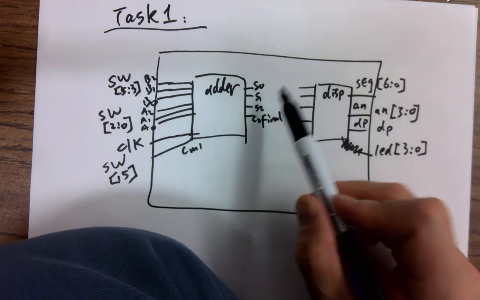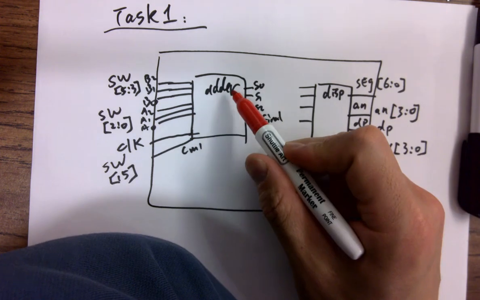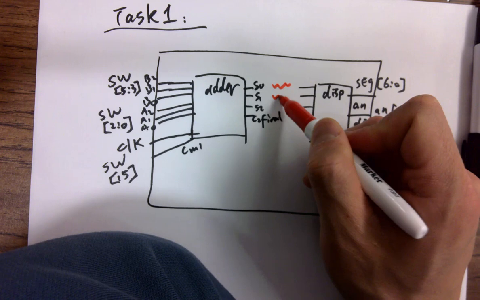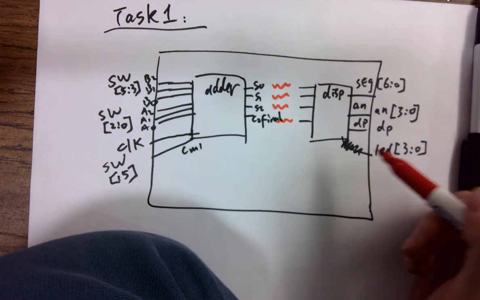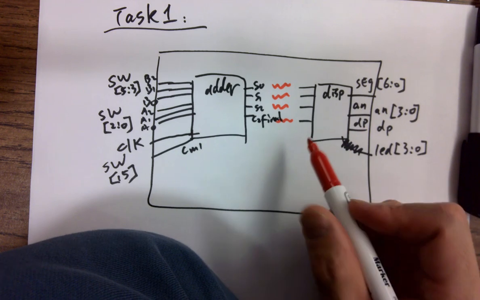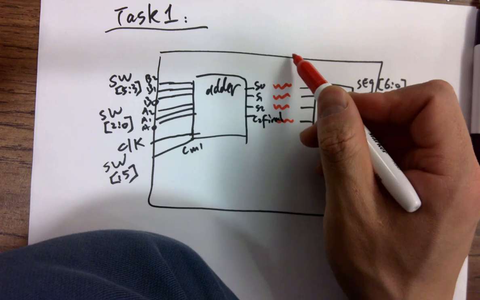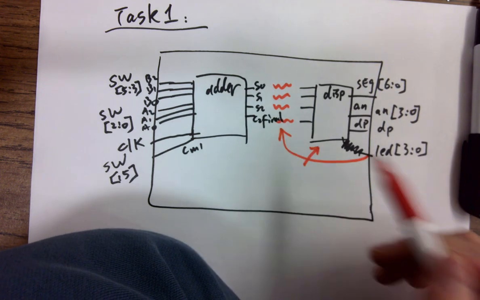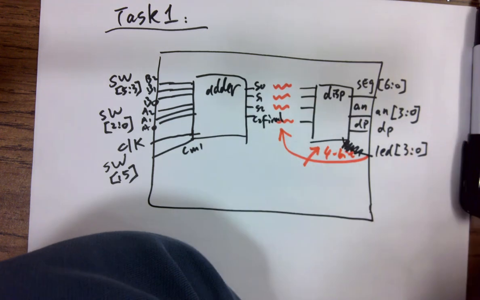And because I need to connect the output of one sub-module to the input of another sub-module, I need a wire here to indirectly connect them together. Since I have a wire already from the top module, I can connect these 4-bit LED lines to this wire.